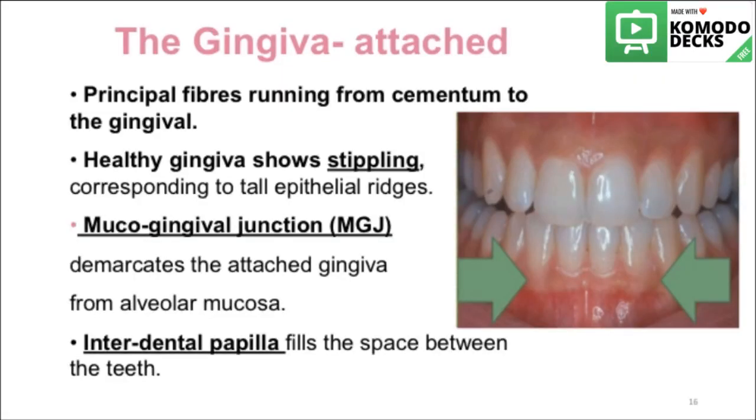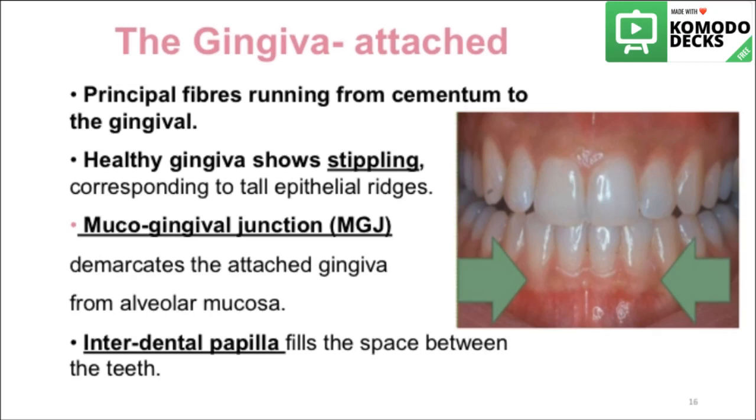The attached gingiva, demarcated by the green arrows, is bound to the cementum of the tooth through principal fibers. The healthy gingiva normally shows some stippling corresponding to tall epithelial ridges and numerous epithelial ridges.